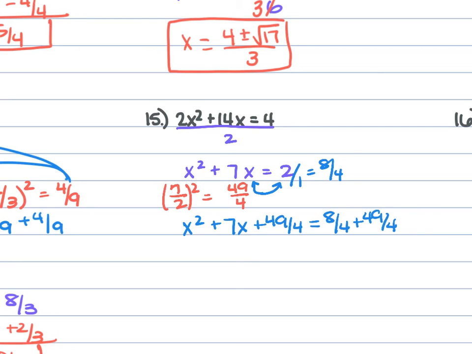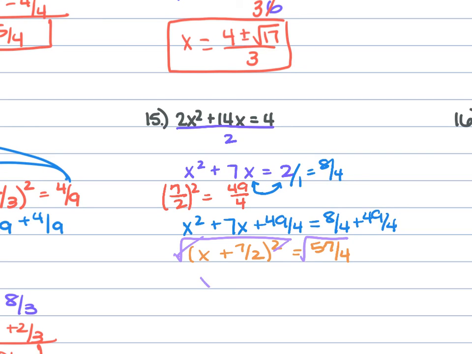From here, I factor my left side. I add my right side. So if I factor my left side, I'm going to have x plus 7 over 2 squared is equal to 8 plus 49 gives us 57 over 4. We take the square root of both sides.